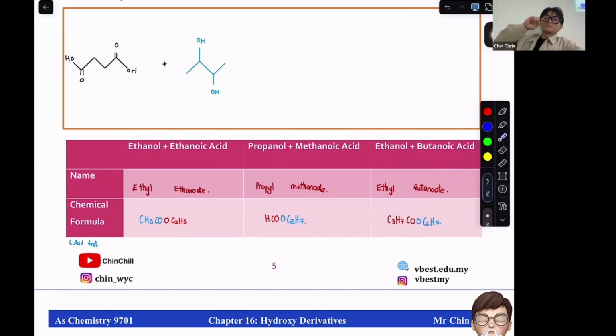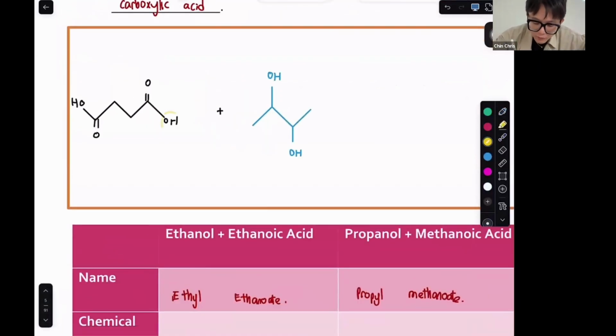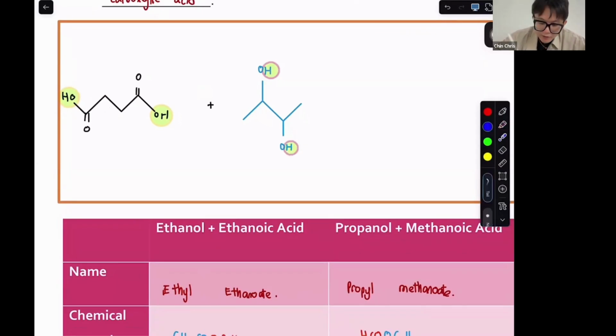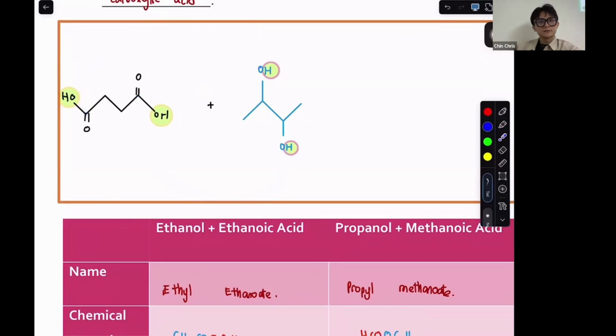Alright guys, to draw the ester, this is a bit hard, so I will slow down. First, we circle the part that we are removing, the OH. Circle the OH. Next, we are removing H here, and H here, correct? Then this C double bond O is going to join with one of the O here. Another double bond O is going to join with one of the O on the other side. Clear?